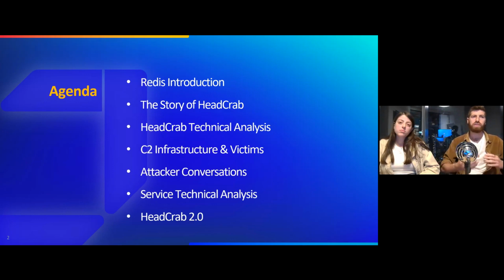Then we're going to talk about the C2 infrastructure and the victims that we were able to detect. And then we're going to get to the really juicy part where we talk about the attacker conversations. We're able to extract additional insights from the attacker, and we're able to gain another binary to analyze.